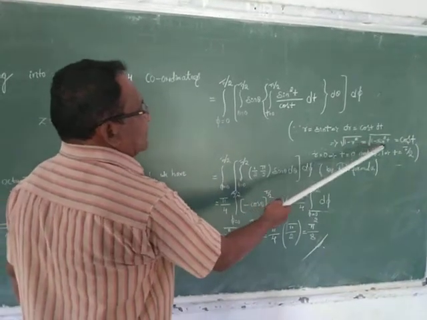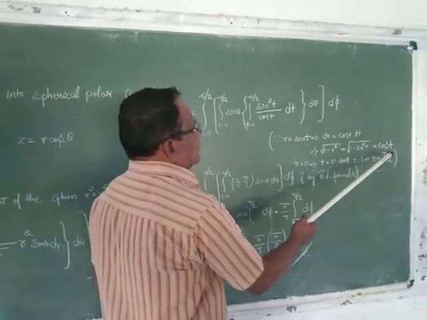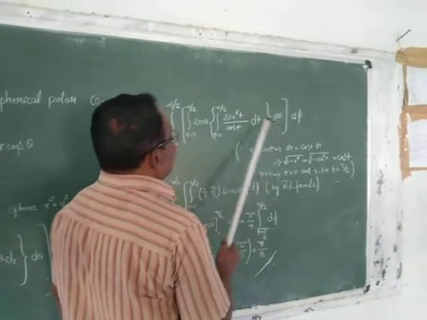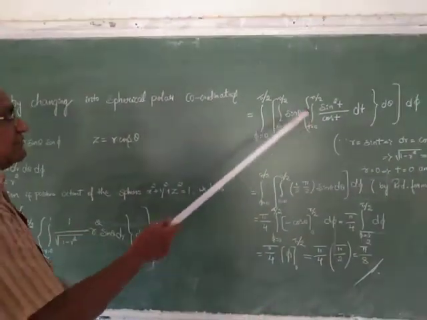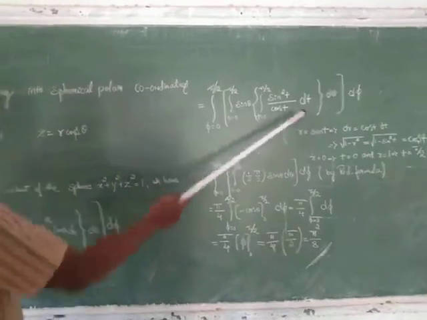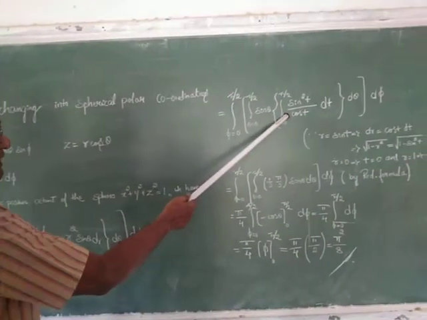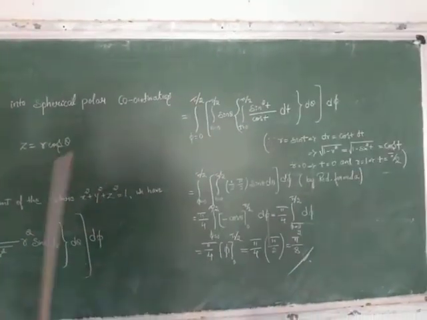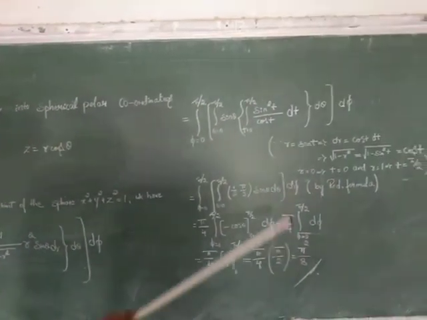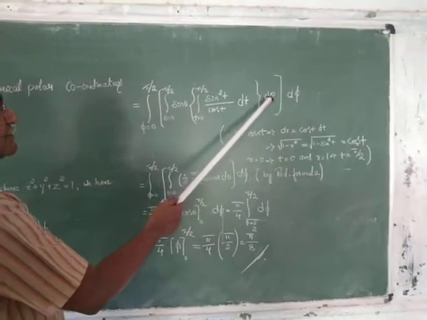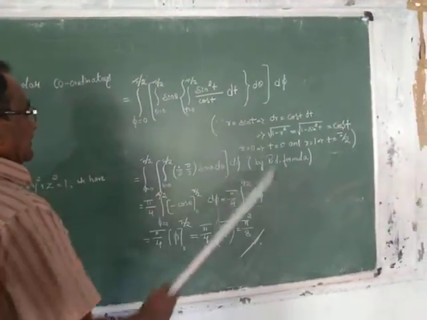Square root of 1 minus r squared is square root of 1 minus sin squared t, which is cos t. So r squared can be written as sin squared t divided by cos t, into cos t dt, into d theta d phi.